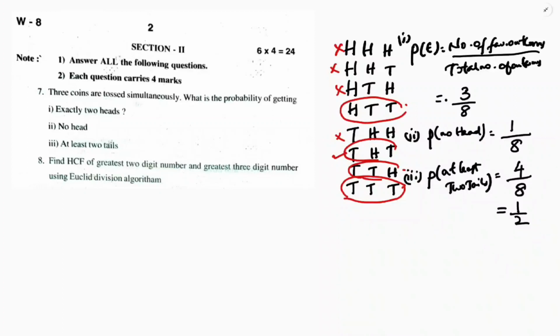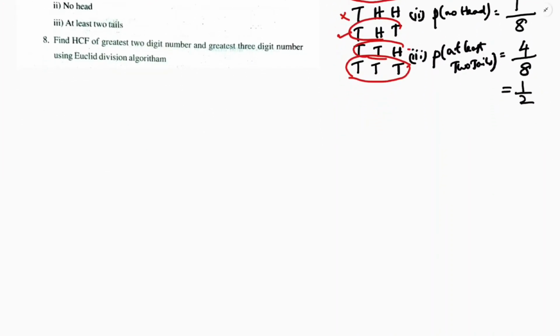Find the HCF of greatest 2-digit number and greatest 3-digit number. So here, greatest 2-digit number is 99.